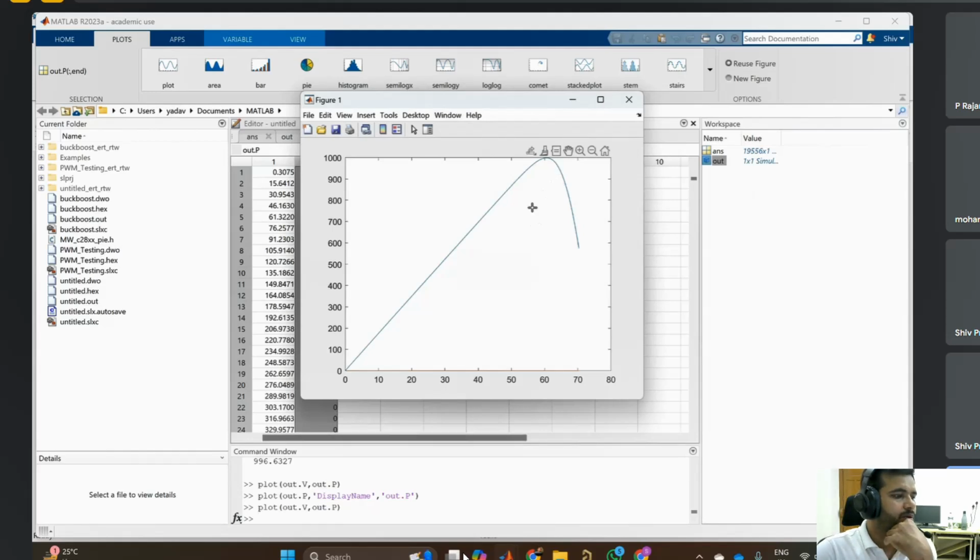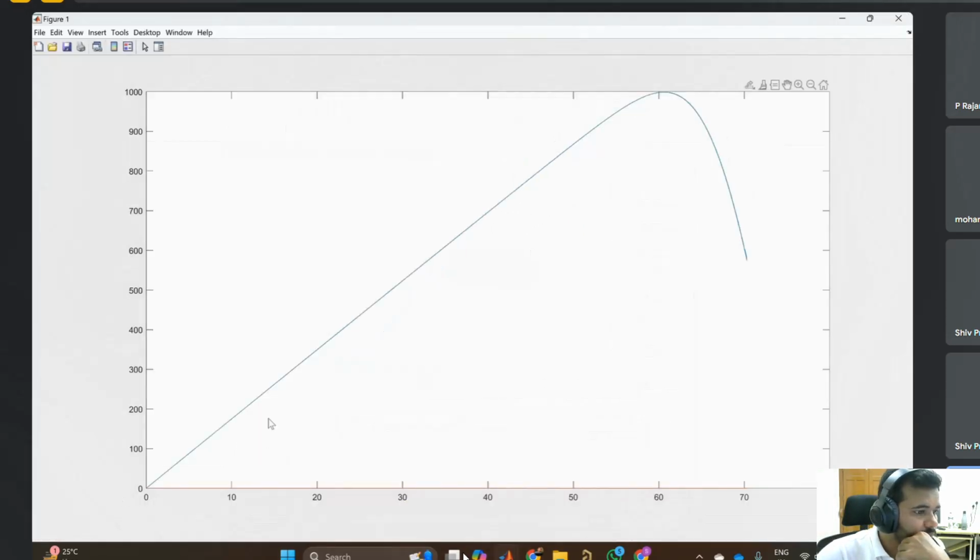Yeah, you can see this is the maximum power tracking. We start from here, then go to maximum power, and in some condition we return to here and plot the maximum power.